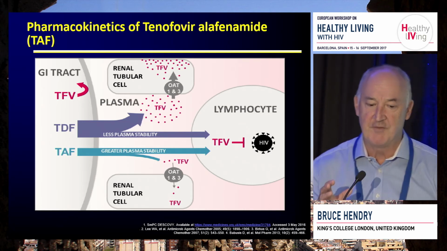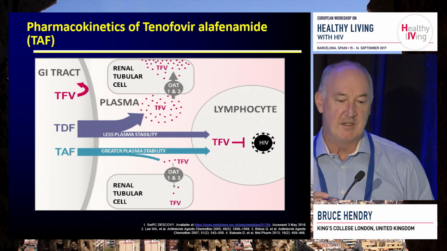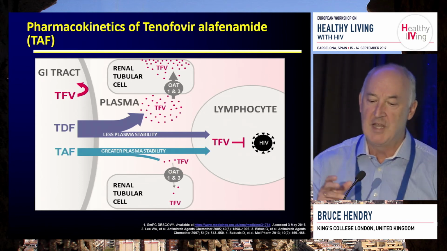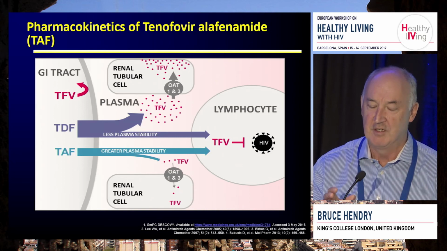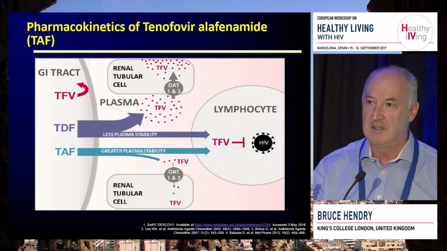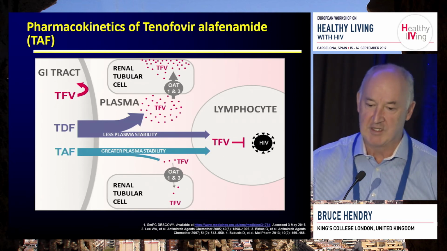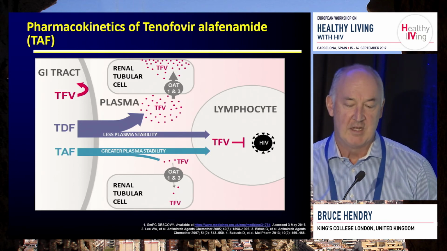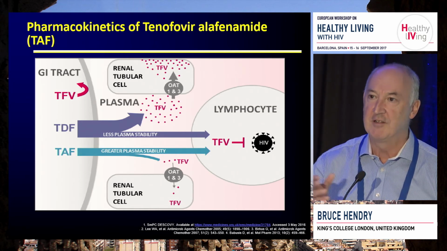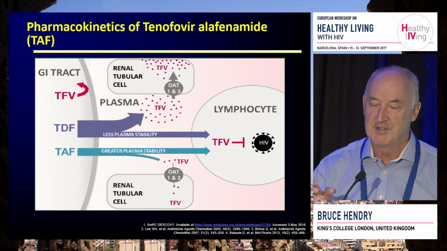And the theoretical advantage of TAF has been that it's stable in plasma, low levels of free tenofovir are generated, and TAF is taken up directly into lymphocytes where it can release TFV. And the kidney should experience little toxicity in theory because there's low levels of free circulating tenofovir.